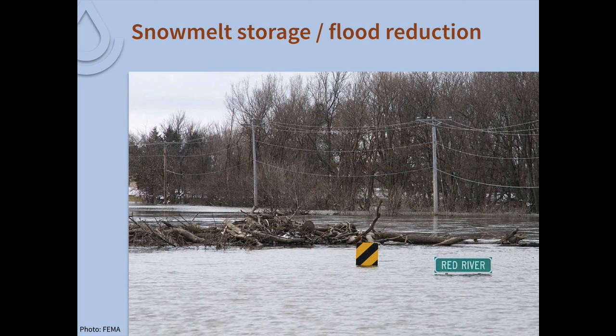Another topic of interest, particularly in the Dakotas and northern Minnesota, is the potential for drainage water management and control structures to reduce potential flooding in the springtime, particularly from snowmelt. The concept is that by draining out the system in the fall and then putting boards into the control structures just prior to snowmelt, potentially some of that water can be infiltrated into the soil and held back from releasing to the surface water, potentially reducing flood peaks during that springtime.